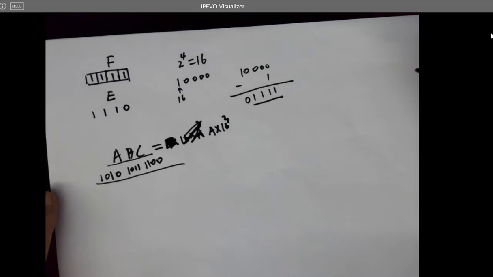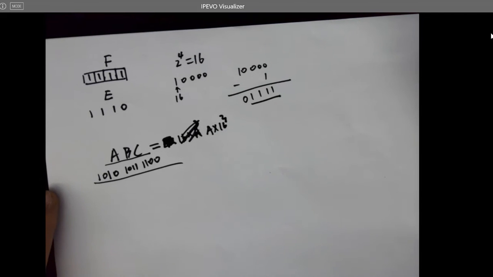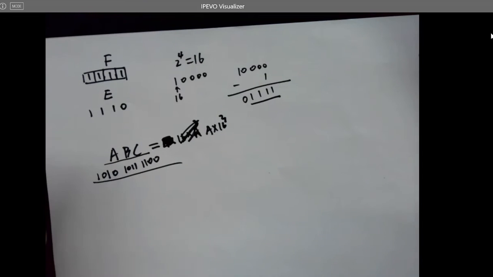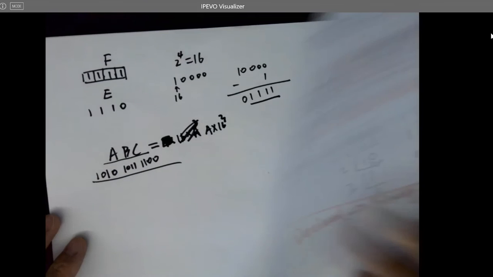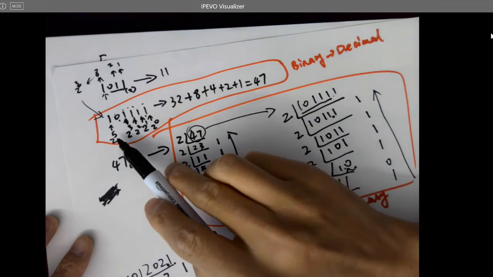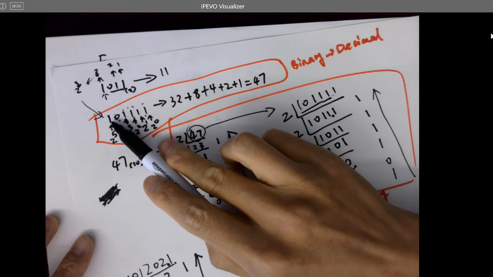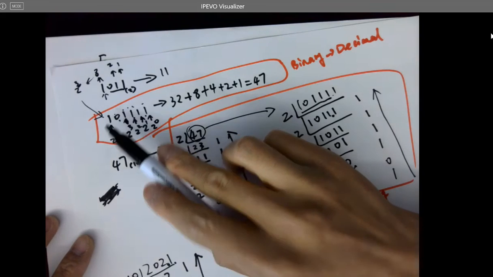Which is correct? The second power is correct. Do you want to put the power on the 16 or on A? If you look at the binary one, did I put a power on the 2 or on the 1? Same concept.